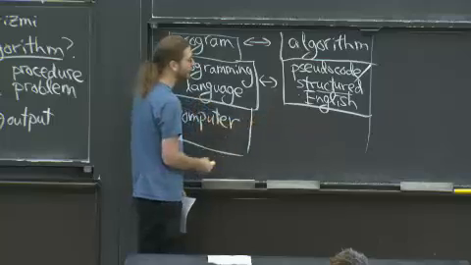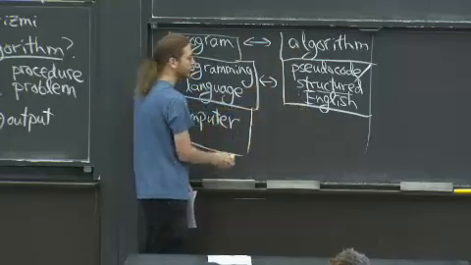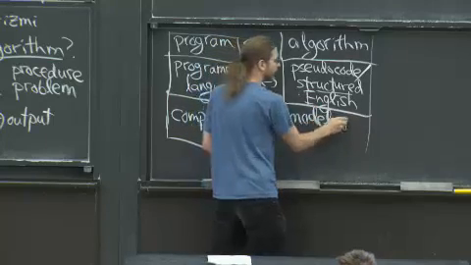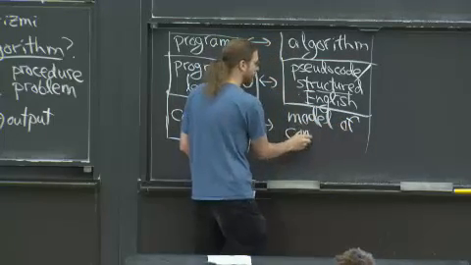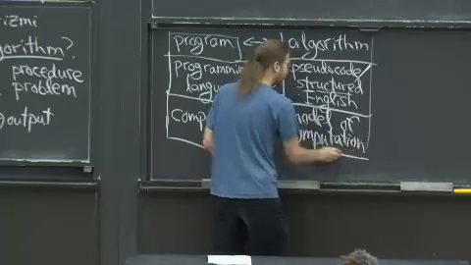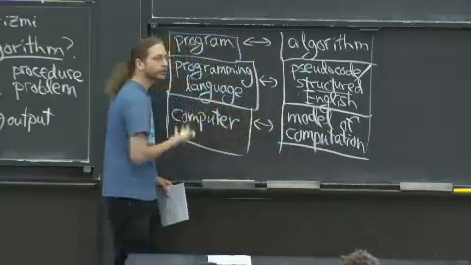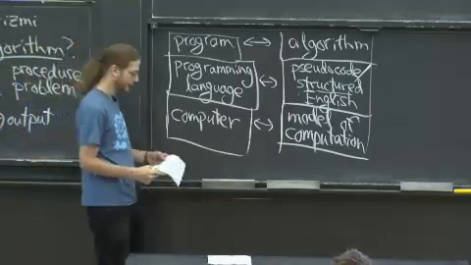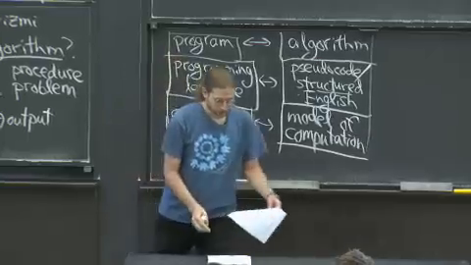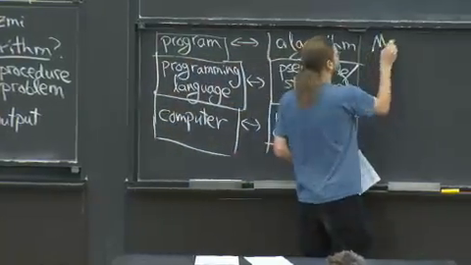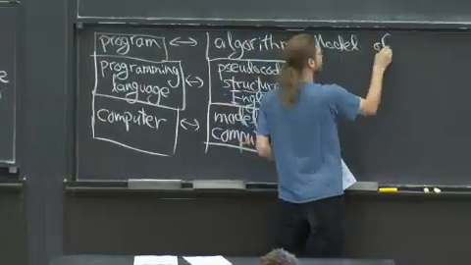There's an analog of a computer in the mathematical world, and that is the model of computation. And that's the focus of the first part of this lecture. A model of computation says what your computer is allowed to do, what it can do in constant time, basically. And that's what I want to talk about here. So, model of computation.